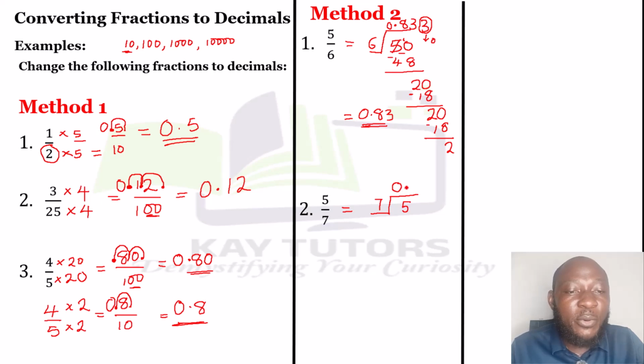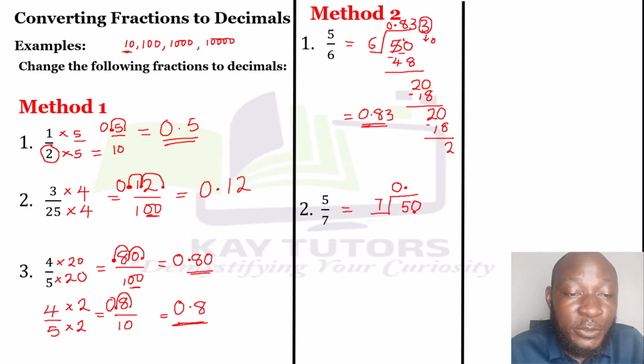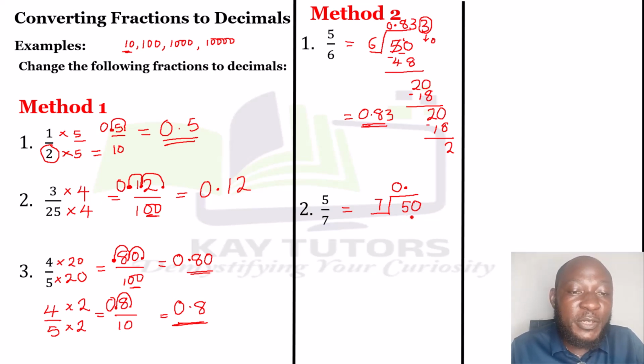As I'm putting my point here, my point is being accompanied by a 0 here, so this makes the number here to be 50. How many times can 7 go into 50? It will go 7 times. 7 times 7 is 49.